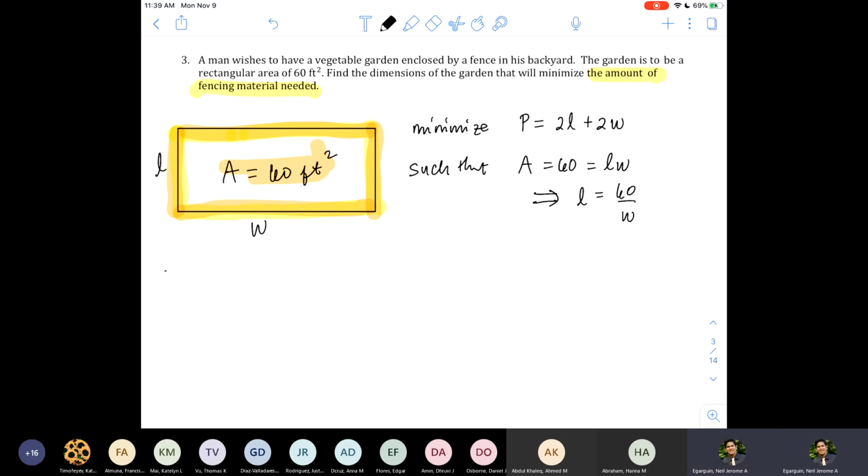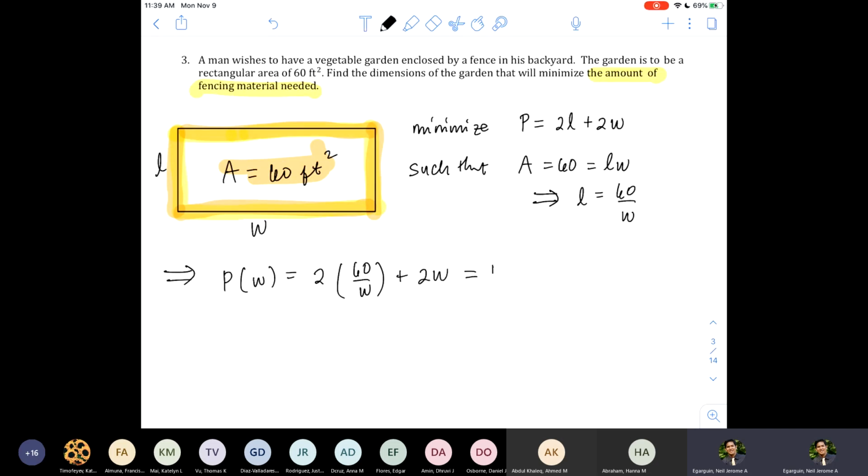So now we can write the objective function P in terms of the single variable L, or sorry, W, such that 2 times L, but L is equal to 60 over W, plus twice W, right?